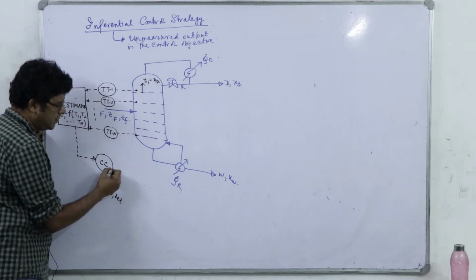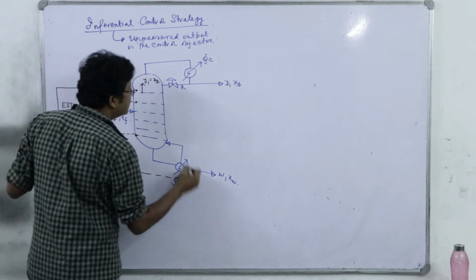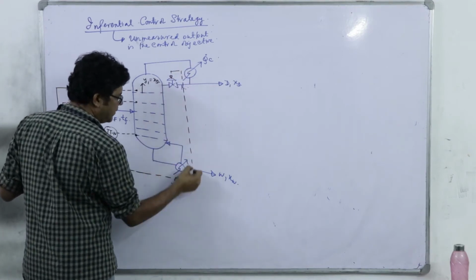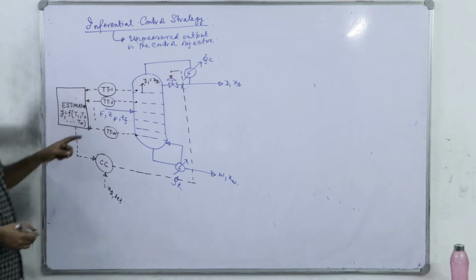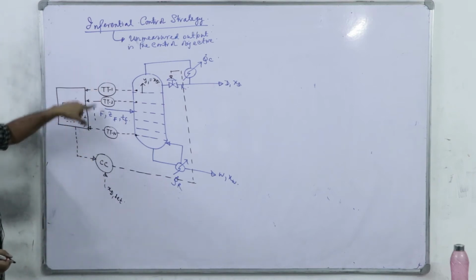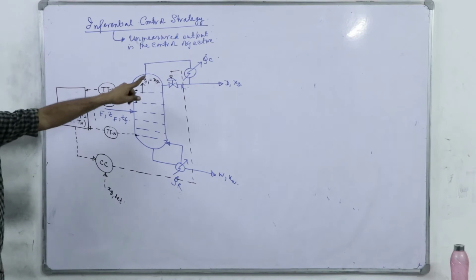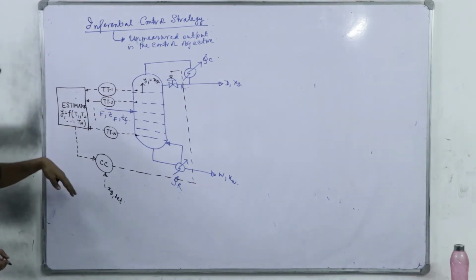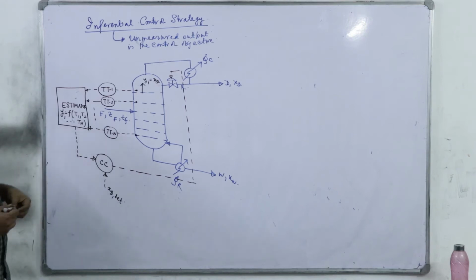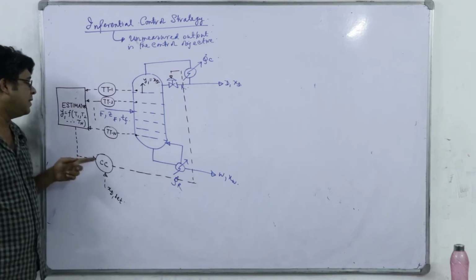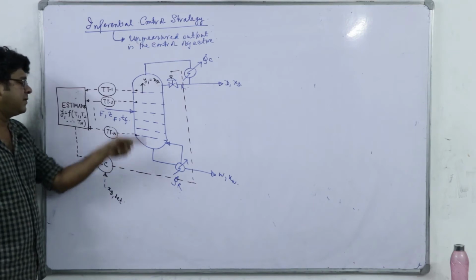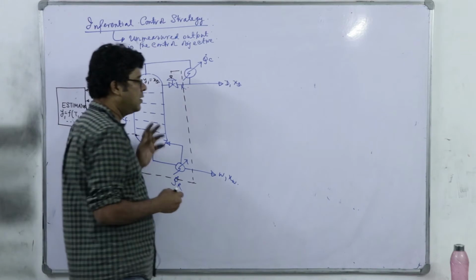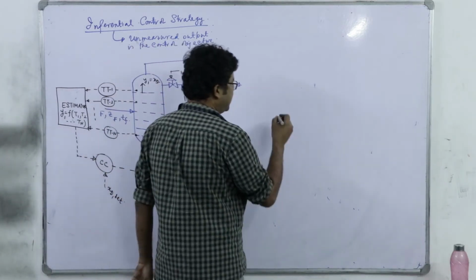The controller will propose the corrective action, which will be implemented via this reflux valve. So, from here we are measuring something which is not my control objective. Then through this estimator we are predicting the current value of this unmeasured control objective, and the rest is the same as the feedback control loop.